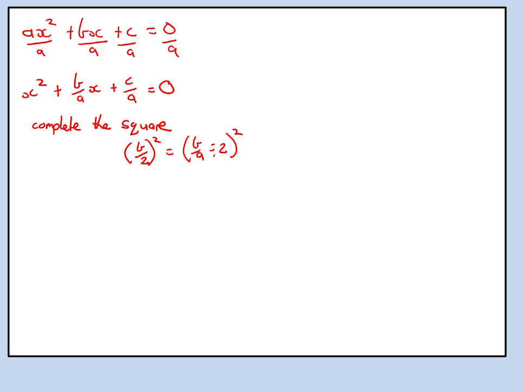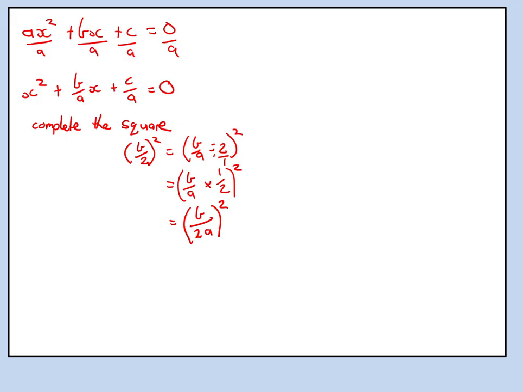I've written it in this form because when we're dividing, I can change that to 2 over 1, flip the fraction, and it becomes times. So that turns into b over a times a half. 1 times b is b, 2 times a is 2a. So we've got plus or minus b over 2a, squared.